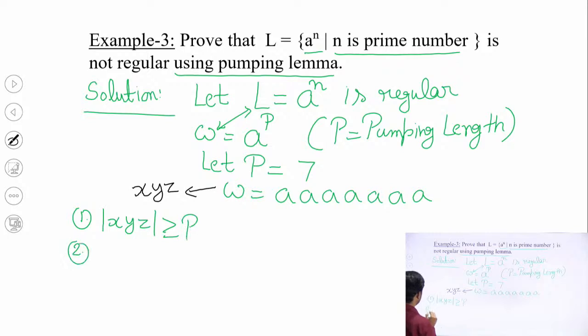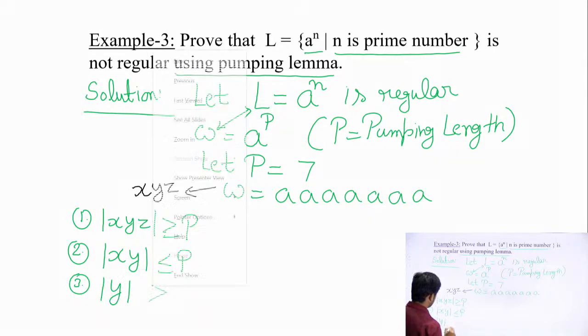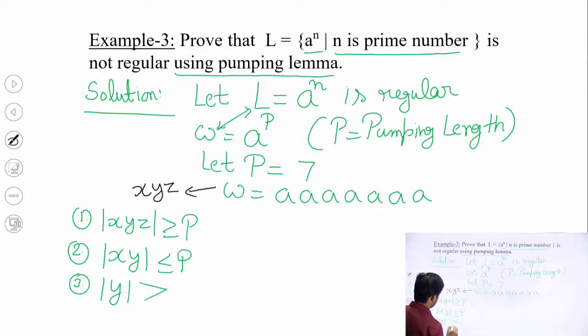Second condition is mod of x and y less than or equal to p, and third condition is mod of y greater than 0. We need to divide W in such a way that these 3 conditions must be satisfied.